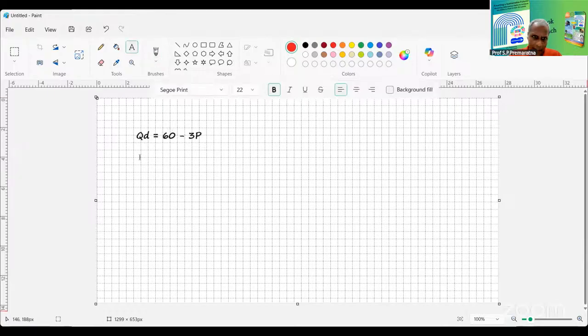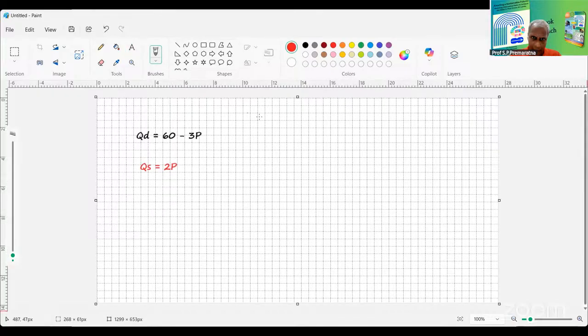And let's say we have a supply function also. Let's assume a simple supply function with a positive coefficient. Now with these two, we do a graphical presentation.